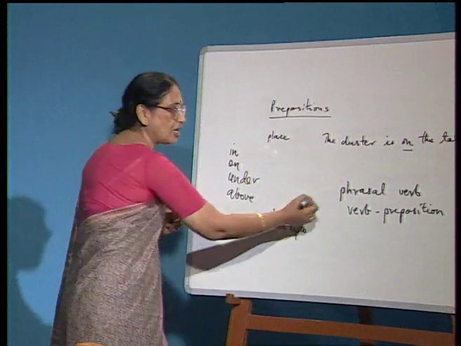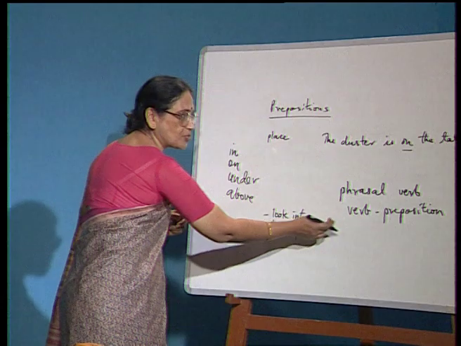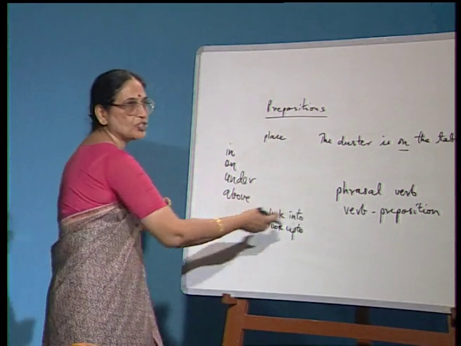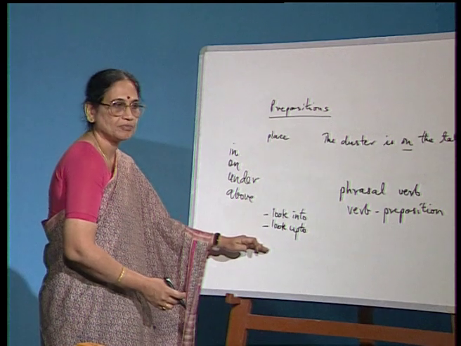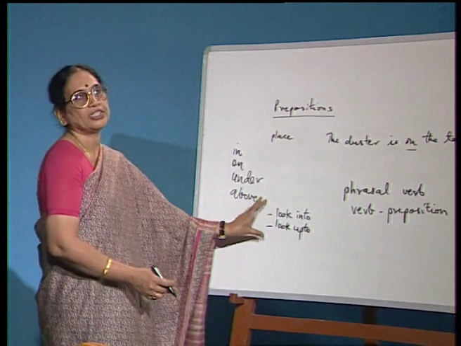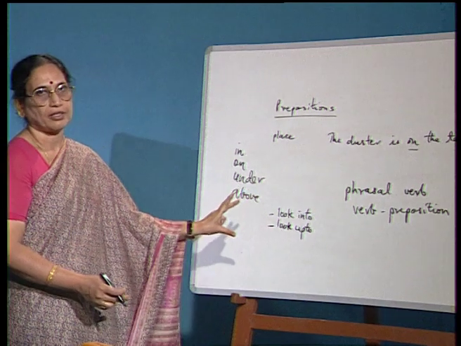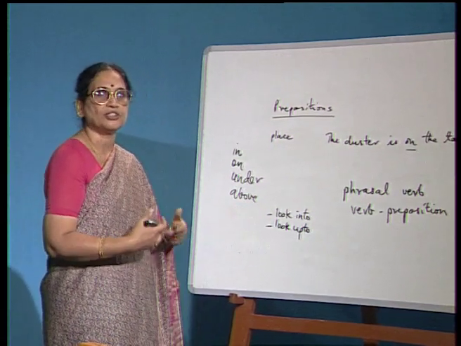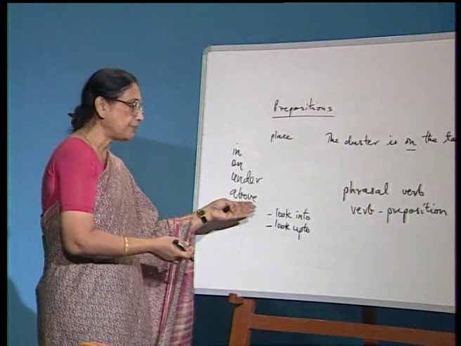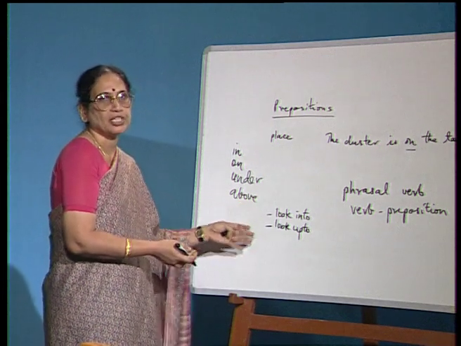Such expressions are called phrasal verbs, or it is a verb preposition combination that gives you the meaning of the expression. It is here again that we tend to make a lot of errors, and we should be careful to study a lot of examples and try and understand how to practice, master these expressions.